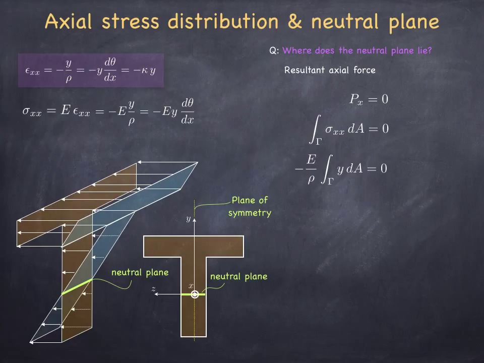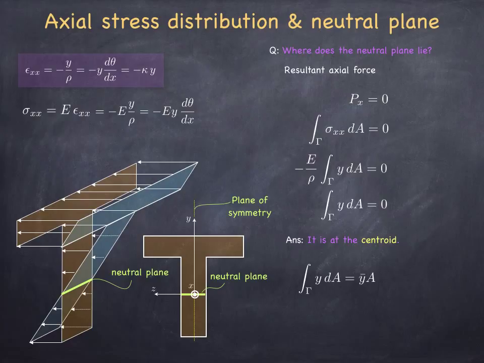So if E, the Young's modulus, and the curvature are non-zero in general, the only way that this can always be equal to 0 is that the integral itself is equal to 0. And of course, from our simple prior knowledge of geometry, we know that the integral of y dA, which is the so-called first moment of area, can also be obtained by multiplying the entire cross-sectional area with the moment arm for the cross-section, say y bar.